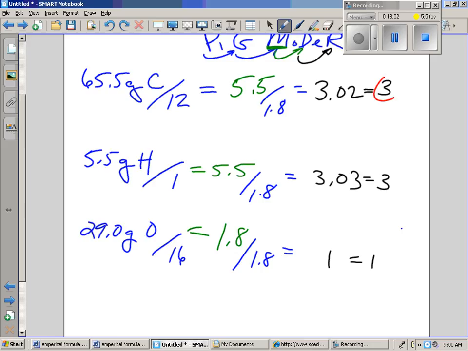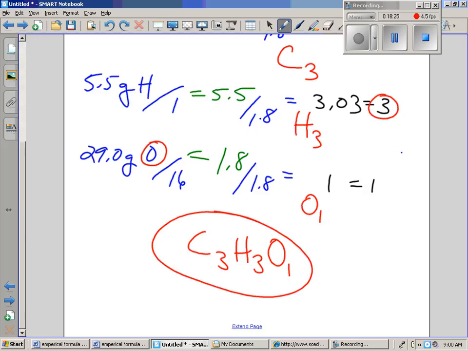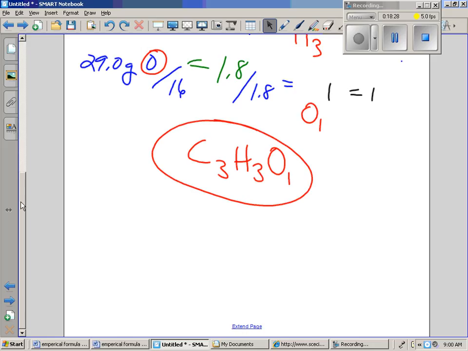I have 3 carbons, 3 hydrogens, and for oxygen I have 1. So the answer is C3H3O1. Given the percent I gave you, the molecule must have a ratio of 3 carbons, 3 hydrogens for every 1 oxygen. That's how we solve them. So, let's do some problems.